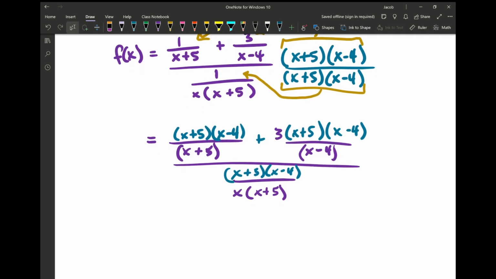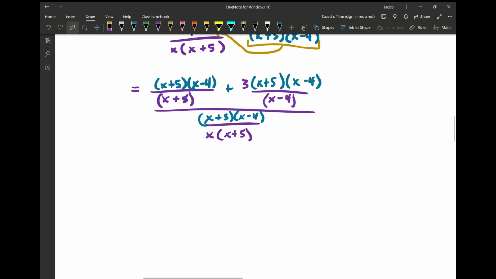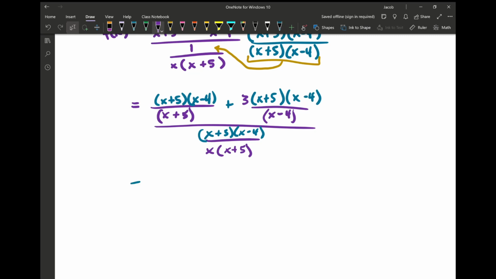Alright, and at this point we can divide out what's in common between the numerator and the denominator. So my x plus 5's divide away, x minus 4's divide away, and x plus 5's divide away down here.